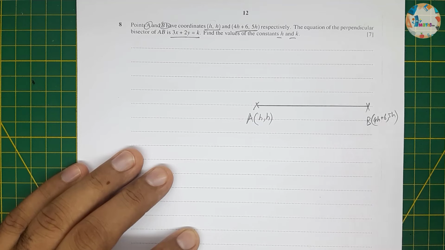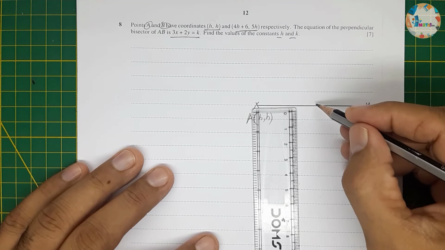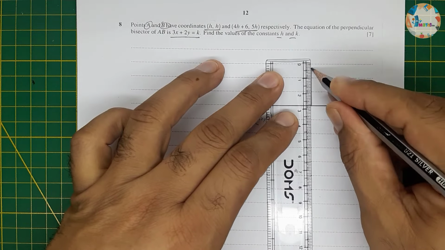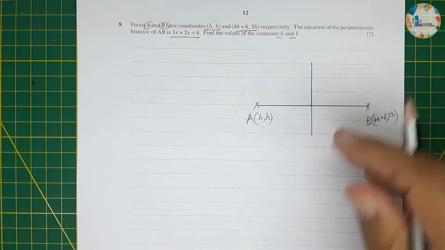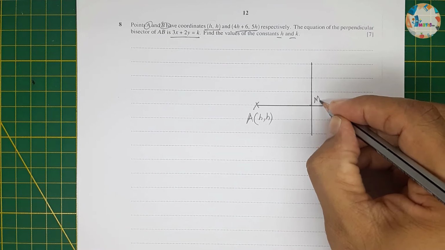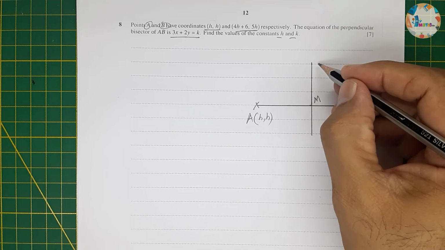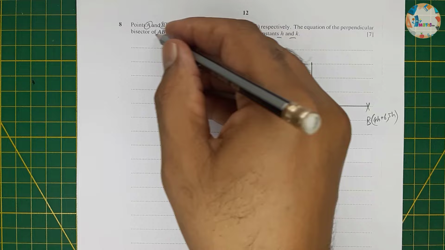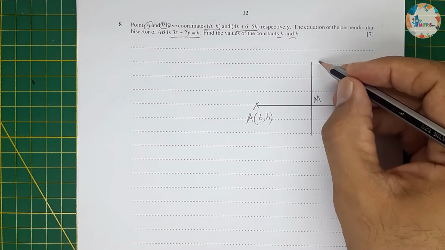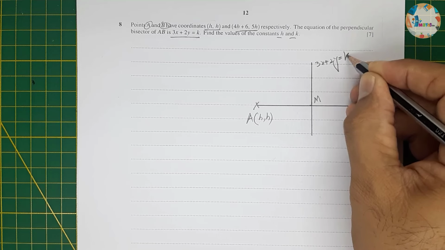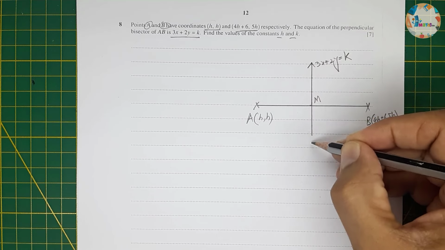Okay, so this is done. Now perpendicular bisector, say this is the midpoint. So perpendicular bisector will be this one. Say this is point M, and this is the equation of perpendicular bisector of AB. So this is 3x plus 2y is equal to k. This is the equation for this line.